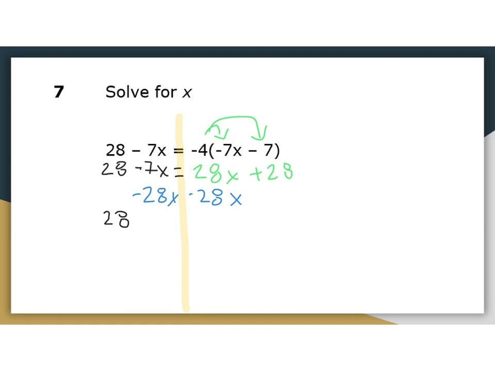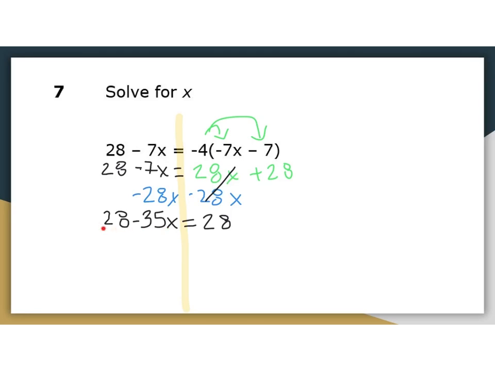Negative 7x minus 28x becomes a negative 35x equals, these have canceled out, 28x minus 28x is 0, but the 28 over here at the end without the variable remains. Our next step is going to be to isolate our negative 35x.